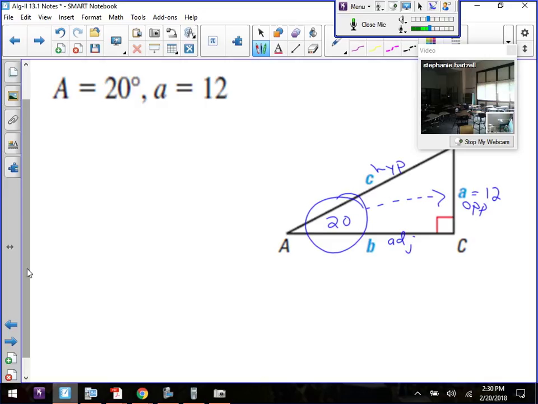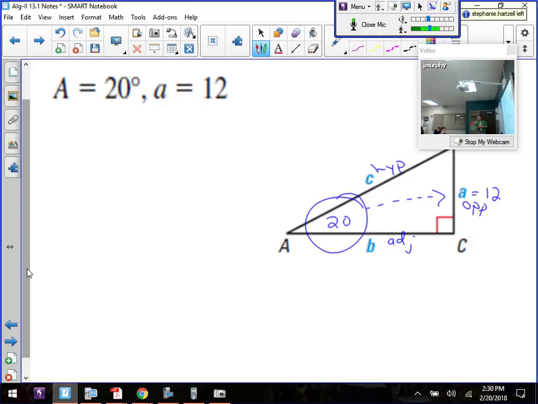Process of elimination. Everybody all right with that? What trig function am I going to use to find the hypotenuse if I know my opposite? Sine. What trig function am I going to use to find my adjacent if I know my opposite?